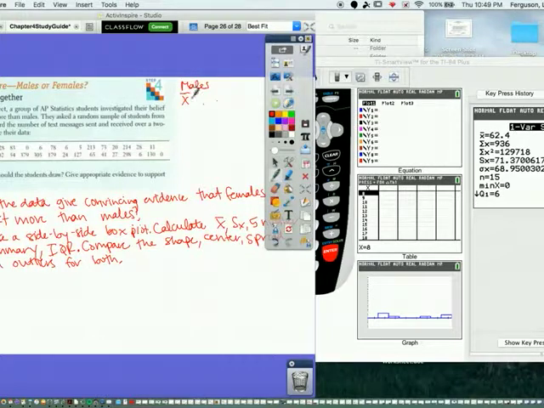So for males, you had a mean of 62.4. You had a standard deviation of 71.37. And those are really the only two things that we want from what we did on our calculator. The other things we would get from doing our IQR and our median and all that stuff.